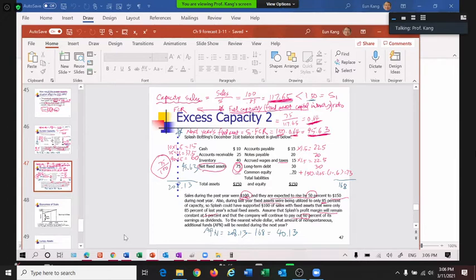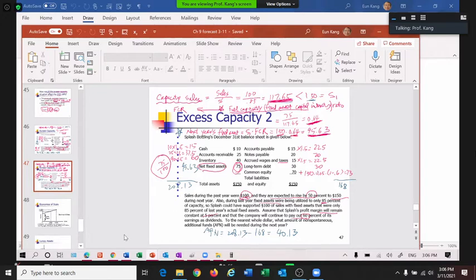So this was the last slide. If the fixed asset is not utilized 100%, then you have to calculate capacity sales and you have to calculate the full capacity fixed asset capital intensity ratio, or full capacity ratio.